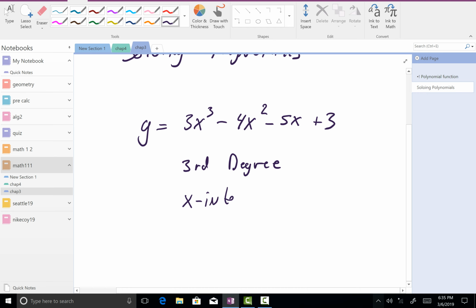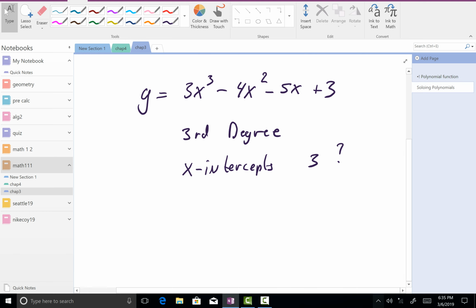We think there's going to be 3. But we're not sure. So let's graph it. But I'm going to let you graph it because I don't want to bounce back and forth. I think what I'm going to do is put it in my phone, though, so I can see it.